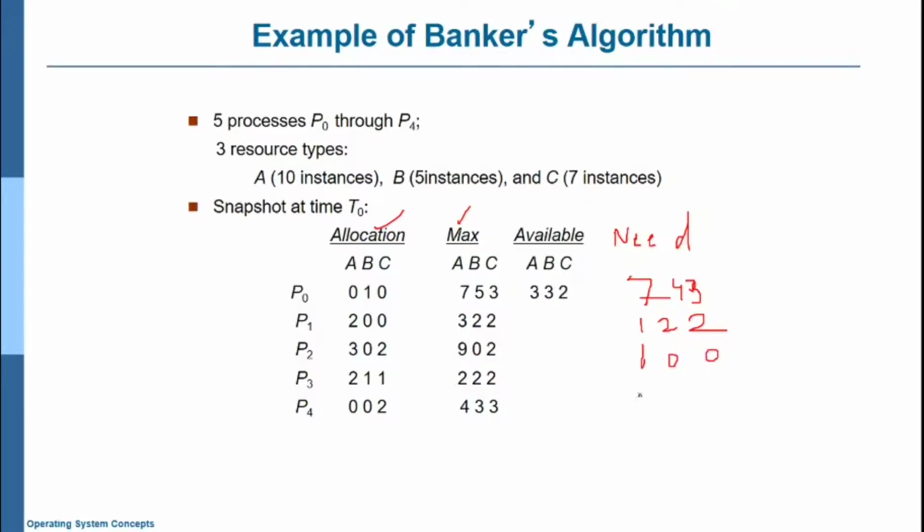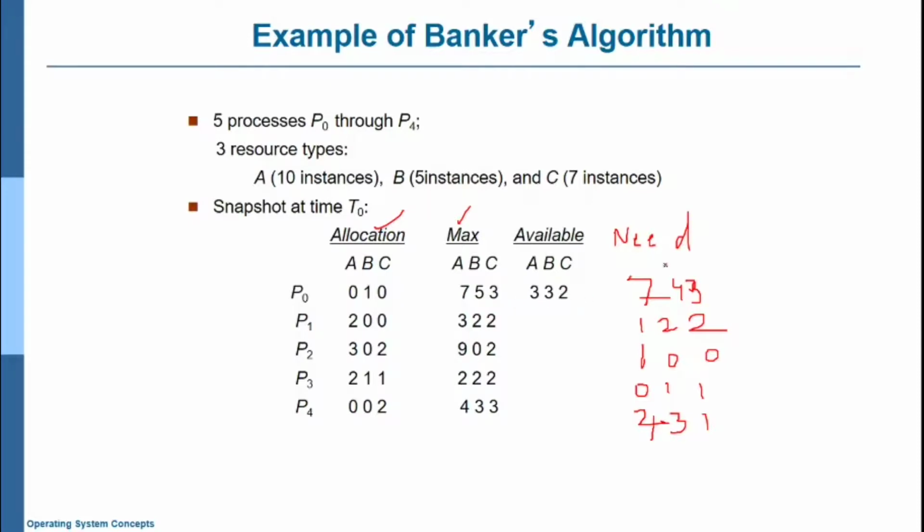And 2 minus 2 is 0, 2 minus 1 is 1 and 1. And 4 minus 2 is 2, 4 minus 0 is 4, 3 minus 3 is 0 and 3 minus 2 is 1. So this is the need table for the given problem, and then calculate the available now.